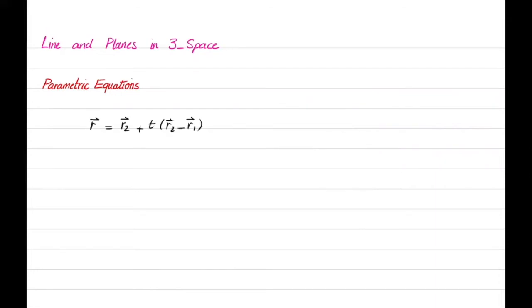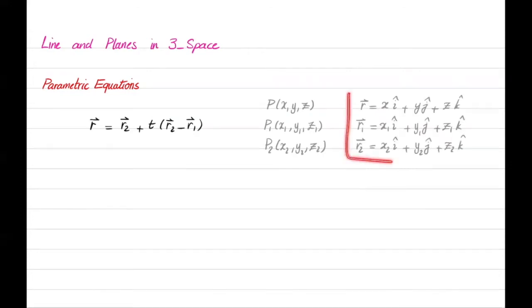We just saw that vector R is defined as the summation of vector R2 and T times R2 minus R1. Let's say that our points have the following coordinates. Then R1 and R2 will be from here.